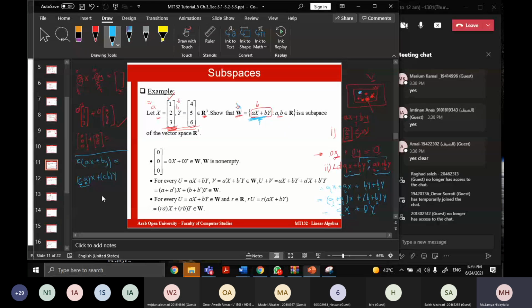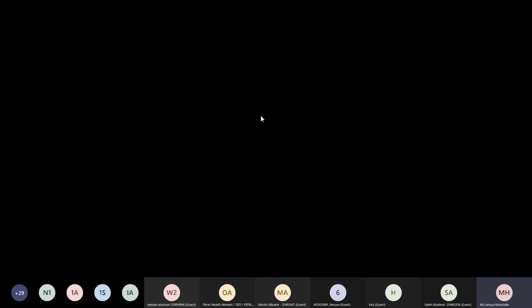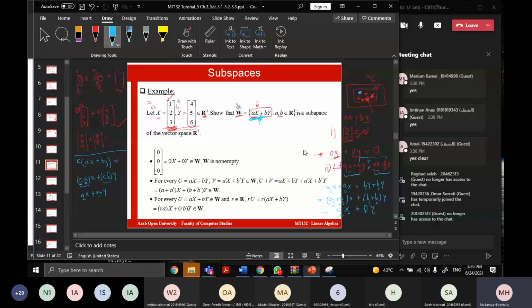So this is a real number and this is a real number. You can call them, for example, n x plus m y, where n and m are real numbers. Is it here or not? Yes, it is there. So yes, the three conditions are met. So it is a subspace. Clear?